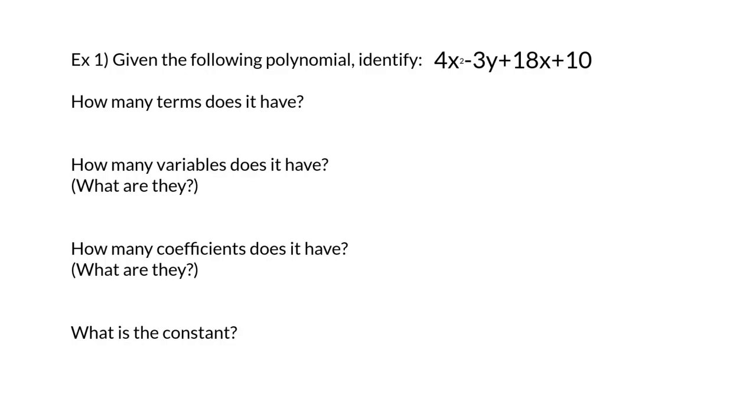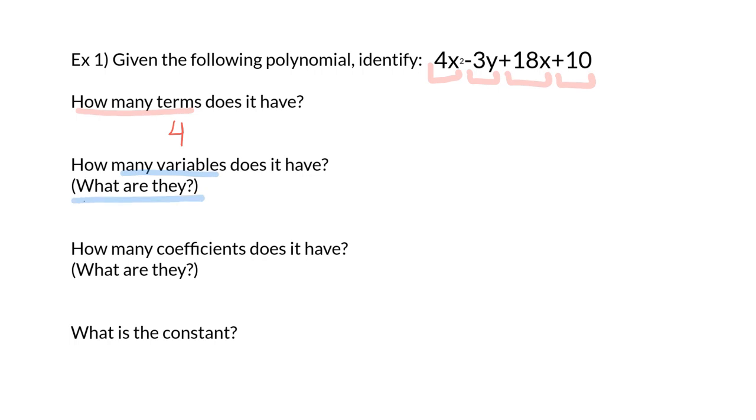In example 1, we are given a polynomial and asked to find certain characteristics. Part 1 asks us to find how many terms are there in this polynomial. So let's count them. 1, 2, 3, 4. There are 4 terms in this polynomial. The next, it asks how many variables are there and what are they?